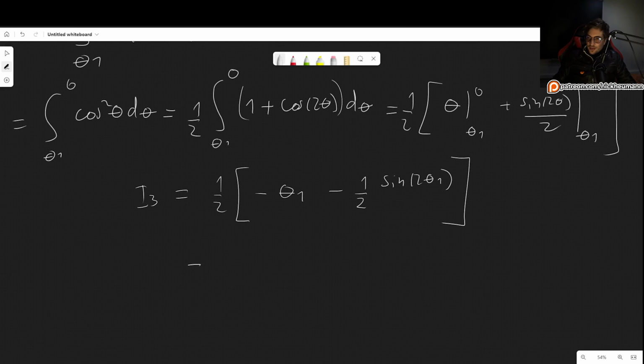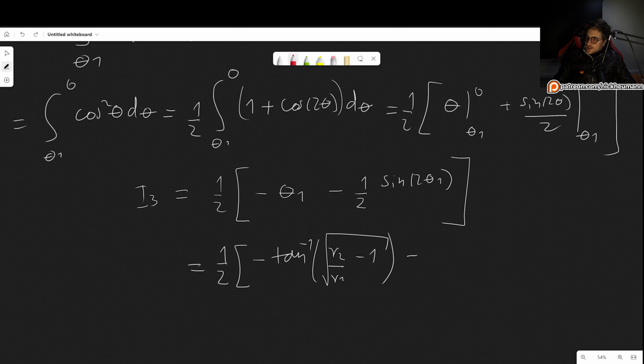Now, what is theta 1? So let's do it like this. So we get minus, and theta 1, we know, is the inverse tangent of the square root of r2 over r1 minus 1. And then we have this sine. But what is the sine of 2 theta 1, or 2 theta in general? I'm going to write it here as a reminder.